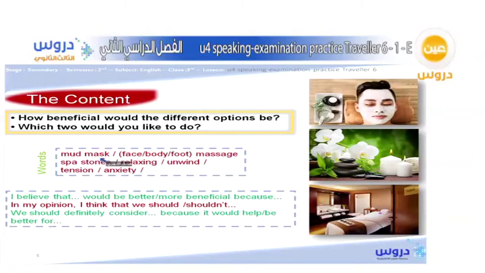You can use these words: mud mask, let's say face, body, foot, part of your body; massage, spa stones, relaxing, unwind, tension, and anxiety. All these words you can use because we are talking about spa and getting out of the stressful working days, in tough times. So you can start as well with those sentences.